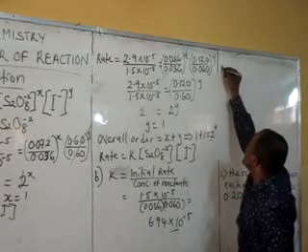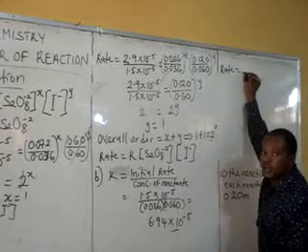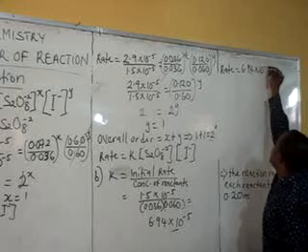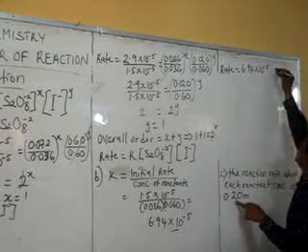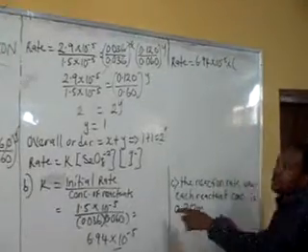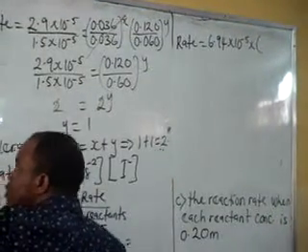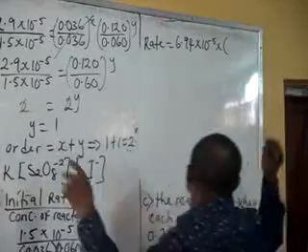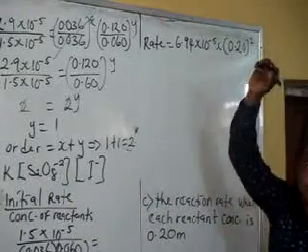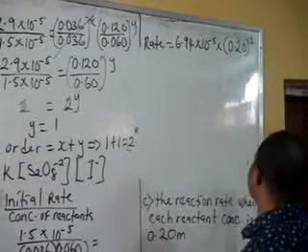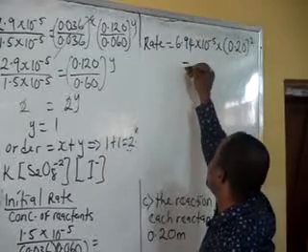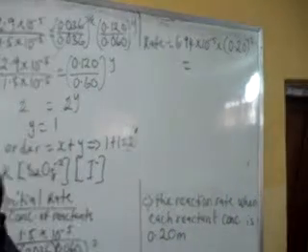So what we just write is our rate equals 6.94 times 10 to the power minus 5, then into 0.20 for this one and also 0.20 for this one. So instead of writing it out, I'll just square it.